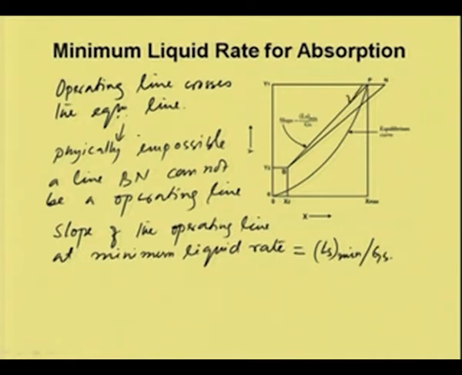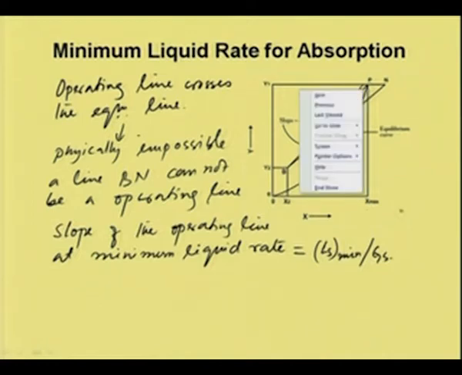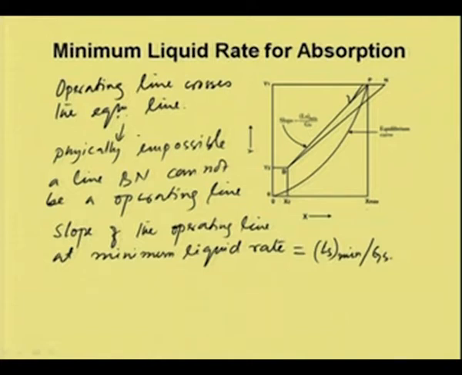It does not cross the equilibrium line, but touches the equilibrium line at some point. Now, the exit concentration corresponding to this point is X max. This is the maximum possible concentration of the solute in the liquid phase, and as we said, the driving force at this point is 0. Mass transfer driving force at point P is 0, and this point is known as the pinch point.